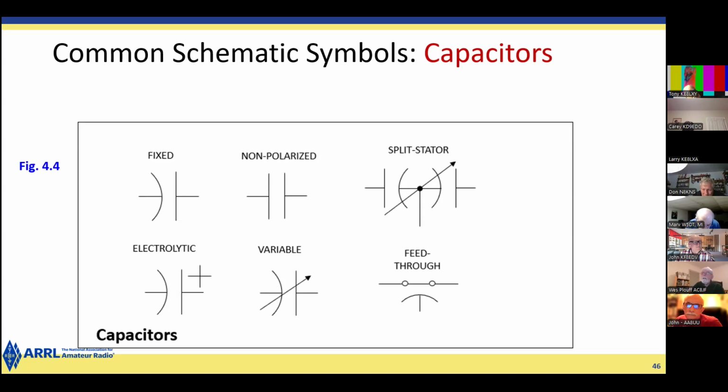But in an electrolytic capacitor, there is a very thin chemical film, which allows you to pack a lot of capacitance and hold a lot of charge in a small volume.